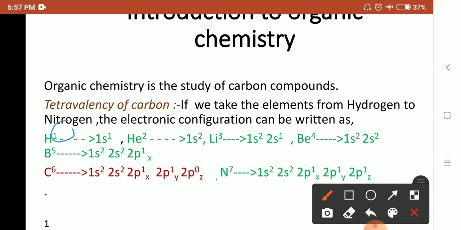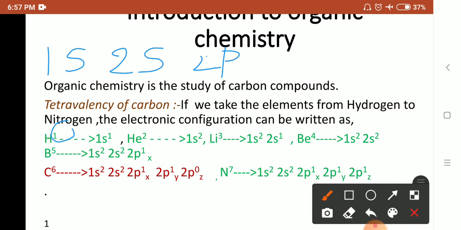Always electrons go into the lower energy orbital. In the atom, the first main shell contains one subshell. Then the second main shell has two subshells, 2s and 2p.